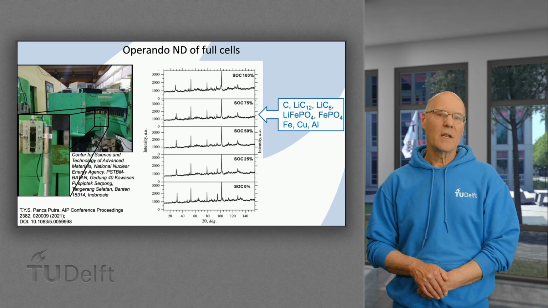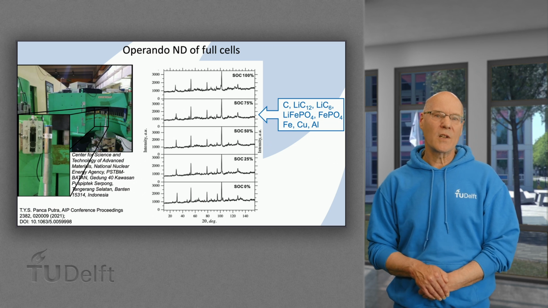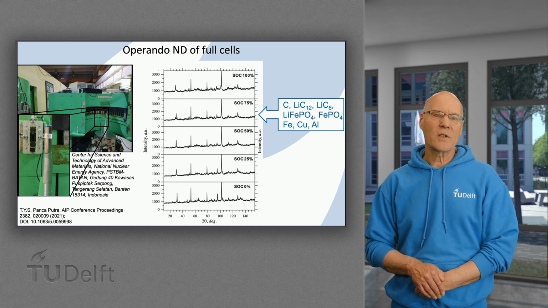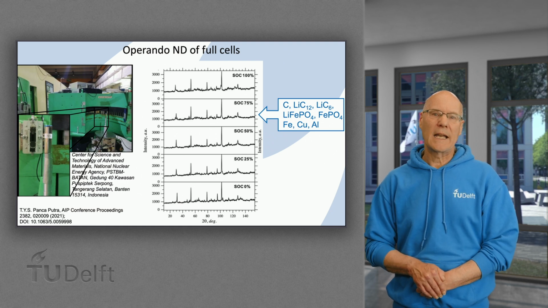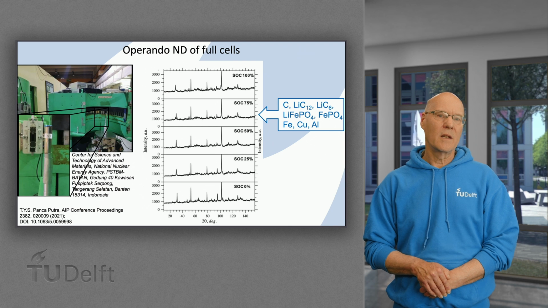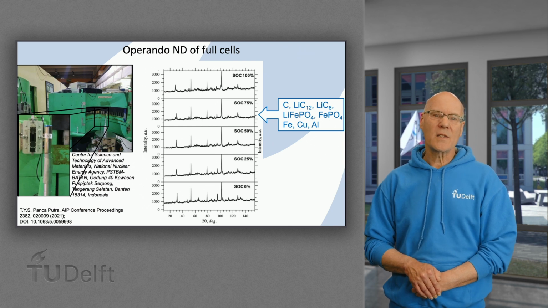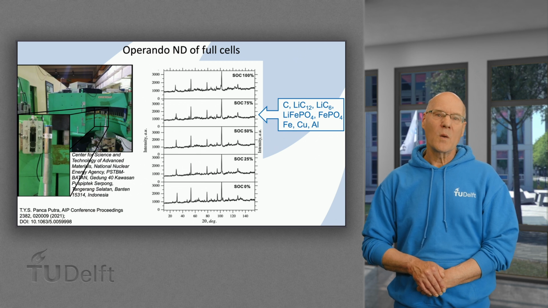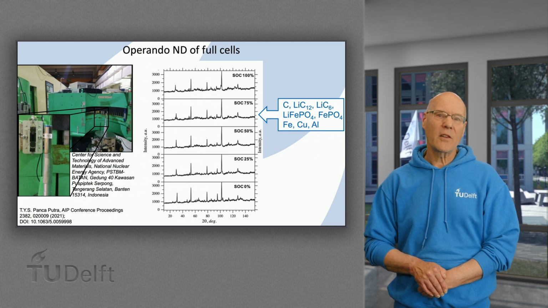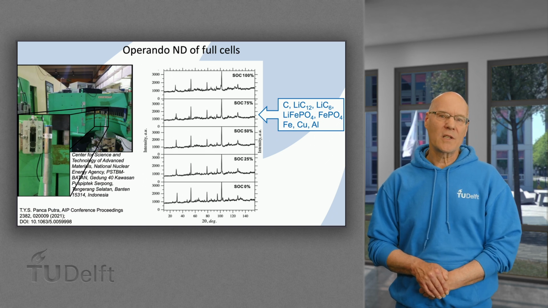In summary, neutrons have deep penetration. Neutrons allow the study of bulk and internal structure of materials, such as in operando batteries. Neutrons are highly sensitive to light elements, unlike X-rays, and hydrogen and lithium positions can be measured much better. It allows isotope differentiation.